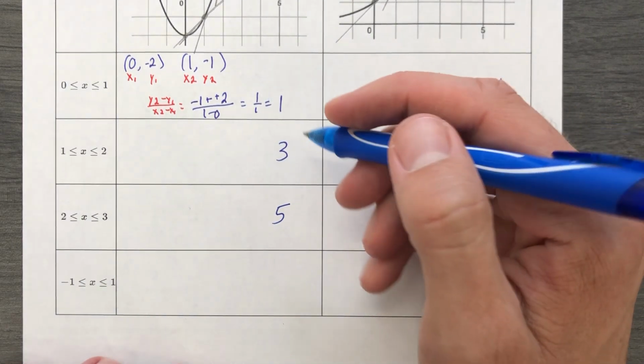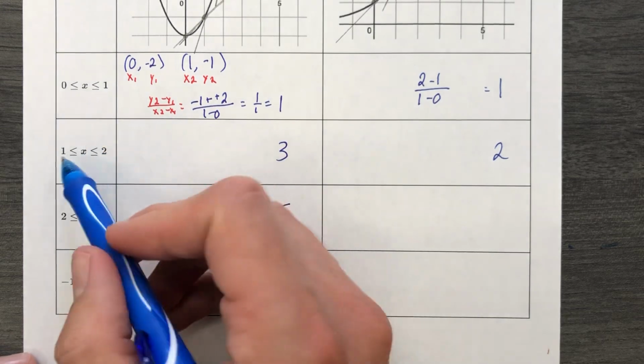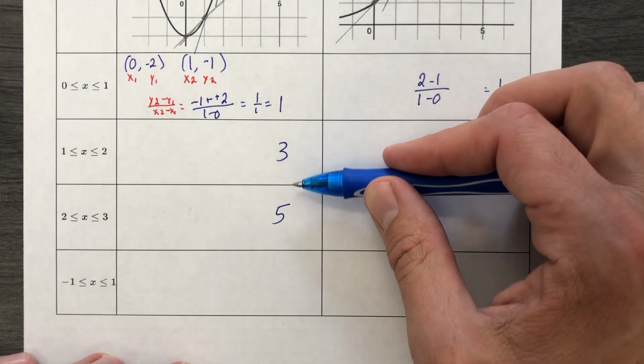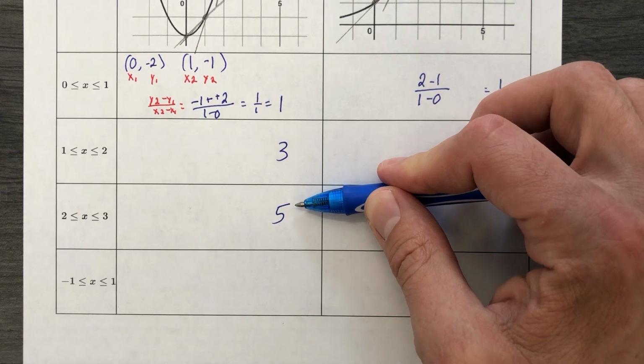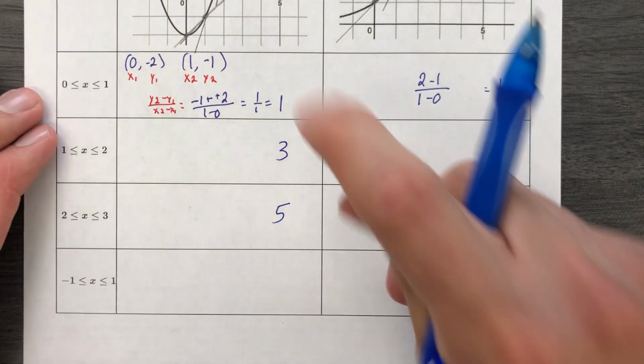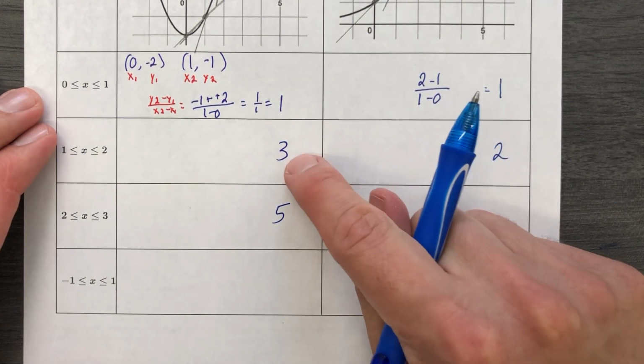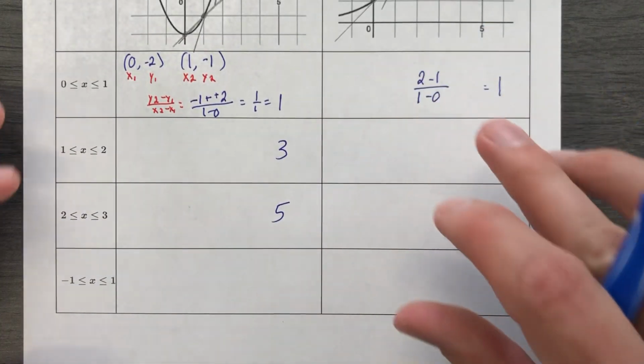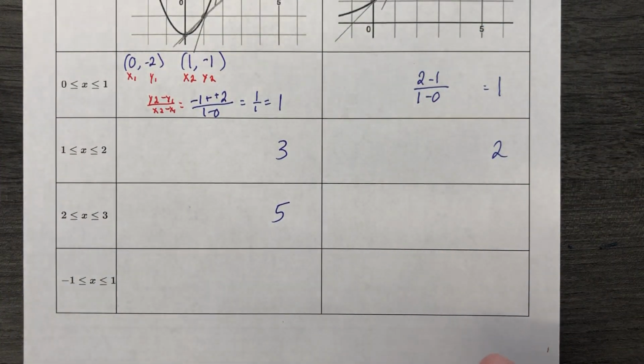Let me explain what I mean. As we go from 0 to 1, 1 to 2, 2 to 3, our slope is 1, then 3, then 5. But really, if we go one step further, we'd say, oh, well, the difference between these is 2, and the difference between these is also 2. So because that second difference is constant, this is quadratic.